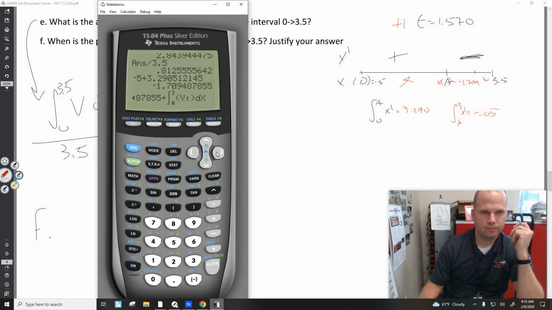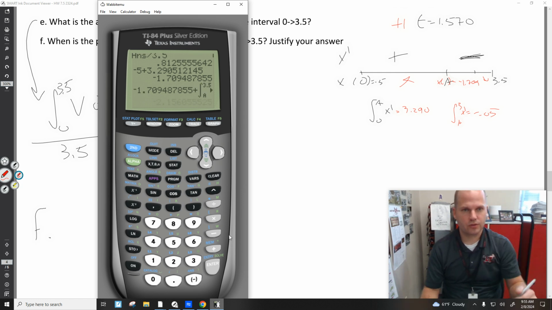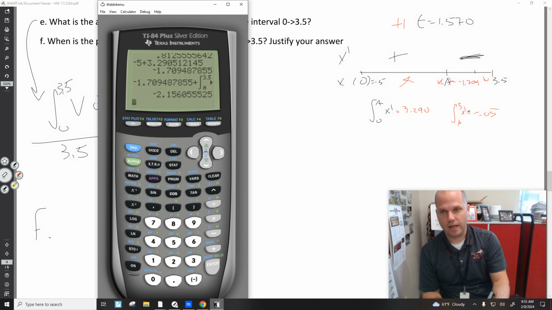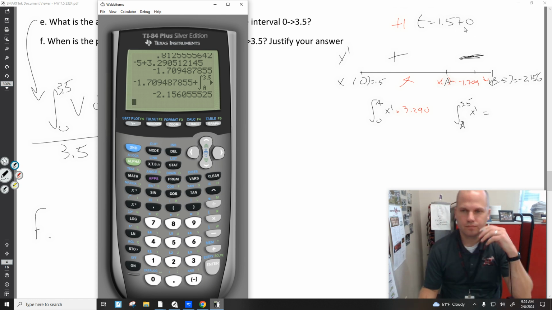Make sure you have the correct integrals. Oh, okay. I didn't even write this down correctly. So I need A to 3.5 of x prime. I have my position at 3.5. It's negative 2.156.